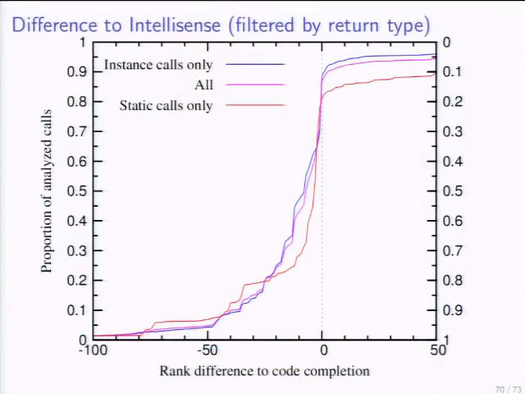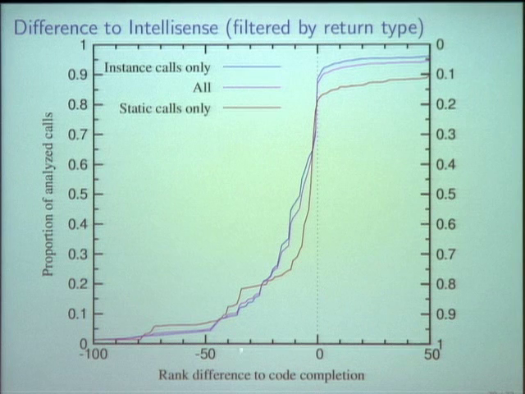So, on top of this, we could imagine including in our query the return type we want. In which case, that would significantly reduce the options in our list. But once again, Intellisense doesn't support this. So this line jumps up about 10 percentage points. Now we can get about 30 spaces higher about 15 to 20% of the time, or 20 spaces higher, more like 20 to 25% of the time.